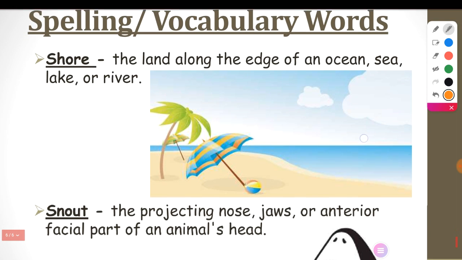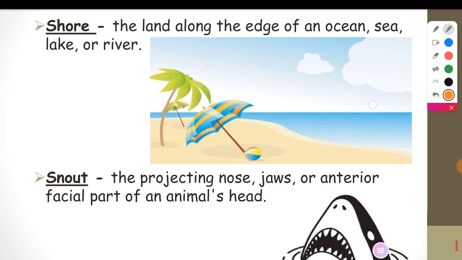Let's proceed to the last. Oh, it's not actually the last word. The last two words here. We have the word shore. What do you mean by shore? Shore is the land along the edge of an ocean, sea, lake, or river.